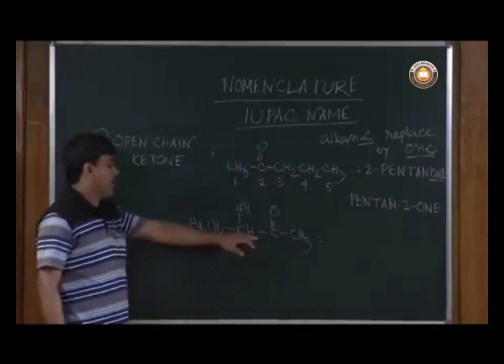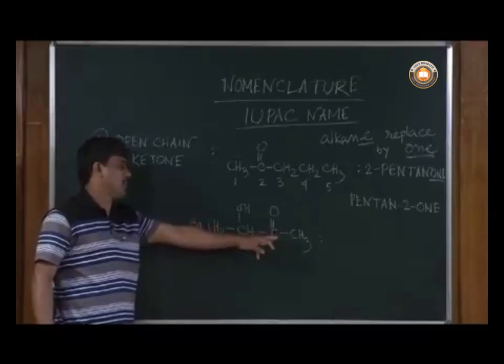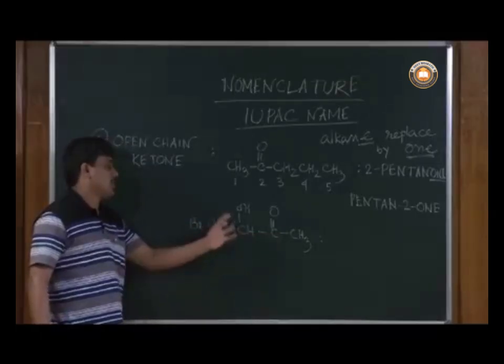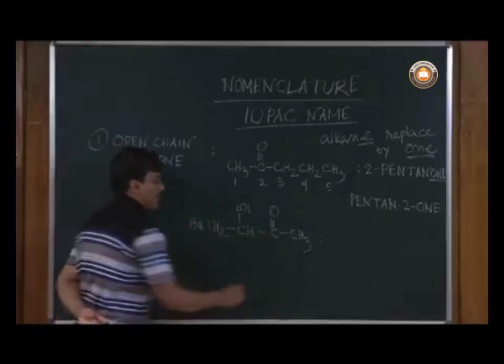Here the numbering will start such that you always have to give the minimum number to the carbonyl, independent of the other substituents. So, here the minimum numbering will come from this side.